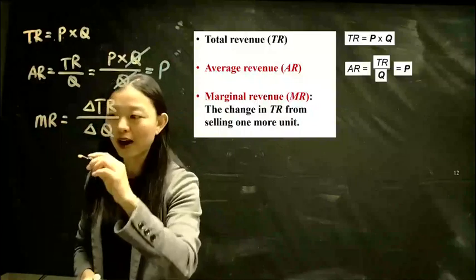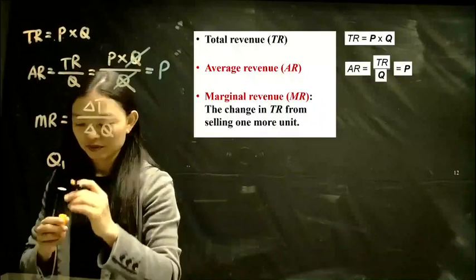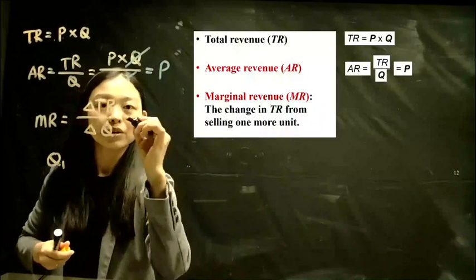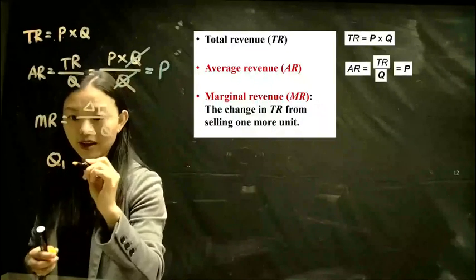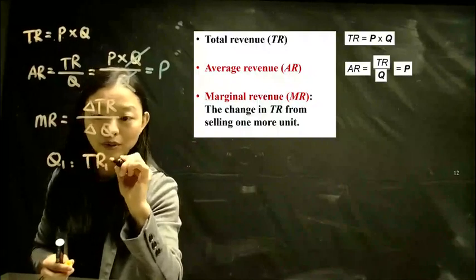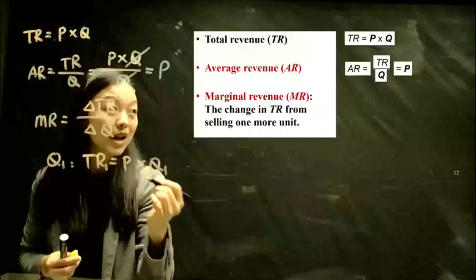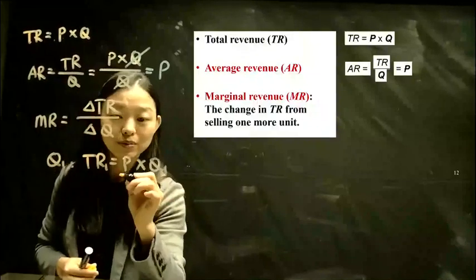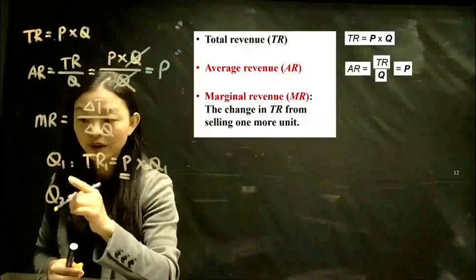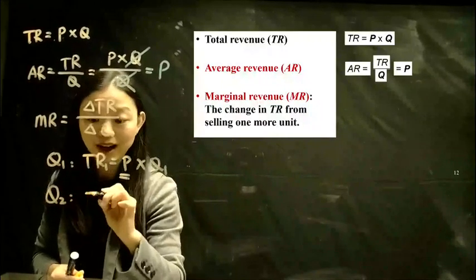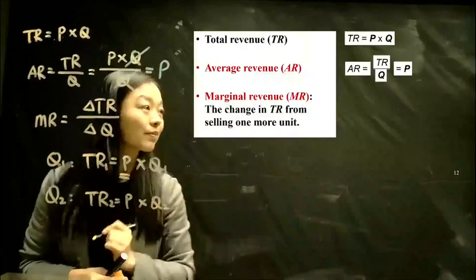And for example, if our outputs, okay, we have Q1. So here we have different outputs. One is at Q1. Then we have the total revenue one equal to price times Q1, right? Because every firm is just a price taker, so the price will always be the same, but the output will be different. Then when output increases to Q2, we have our total revenue equal to price times Q2, right?